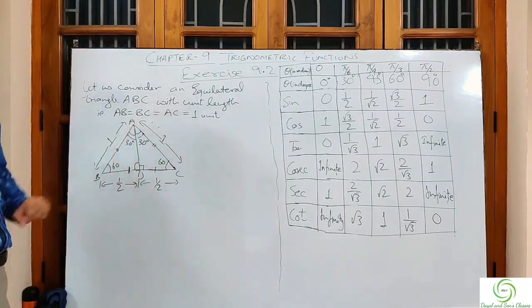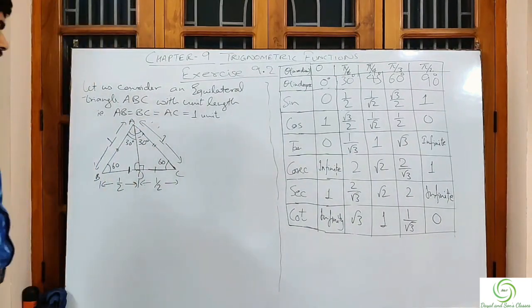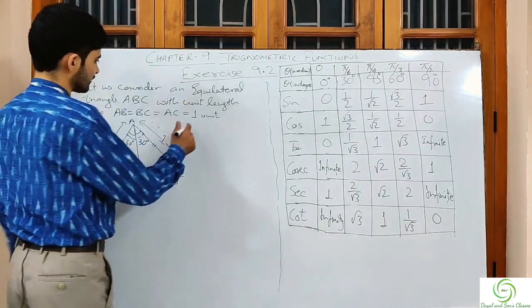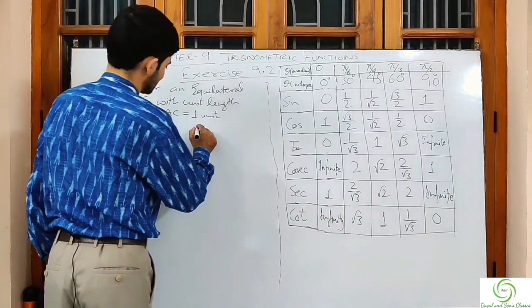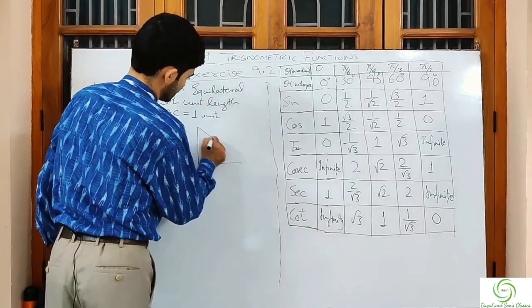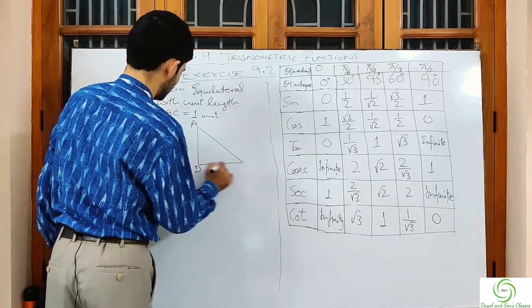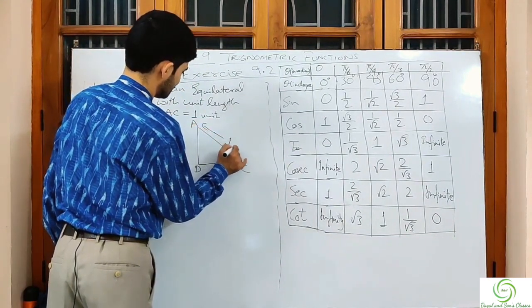Now what we need to find out is the value of AD. Again we will use Pythagoras theorem in this case also. According to Pythagoras theorem, what will happen? Now consider this triangle. I am just drawing this here. A, B, C. AC is 1.